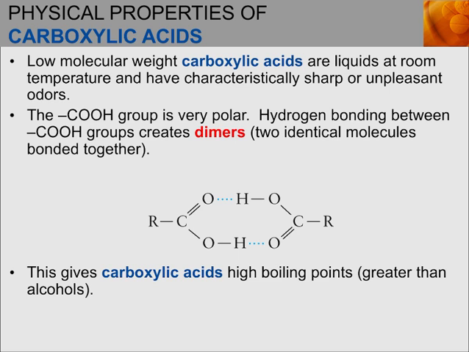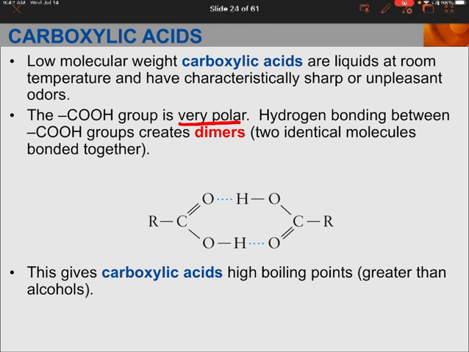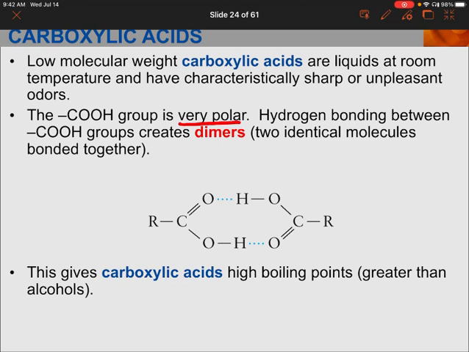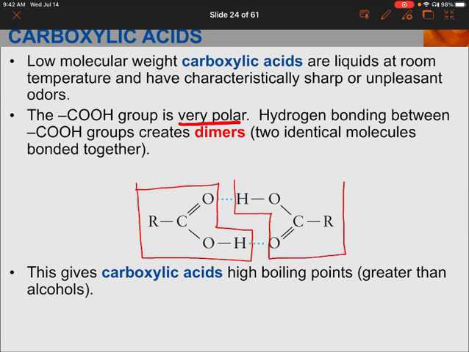Now, the carboxylic acid group, COOH, is very polar. And in fact, you can have two hydrogen bonds between two carboxylic acid molecules. Down below, there's a figure showing one carboxylic acid on the left and one on the right.